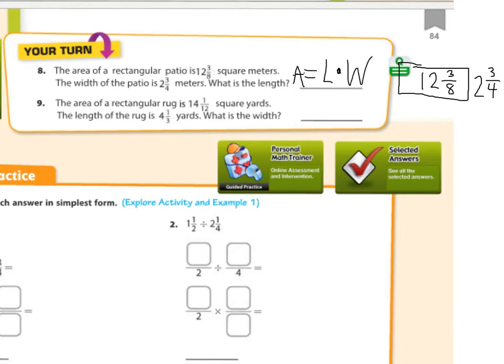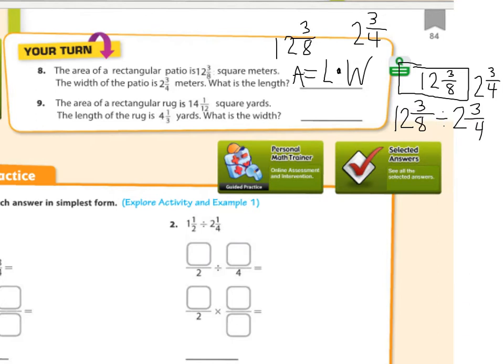And if you know the answer to a multiplication problem, in this case 12 3/8, and you know one of the numbers, 2 3/4, how do you find the missing number in a multiplication problem when you know the answer? You divide. You're going to divide the answer, which in this case is the area, by the factor that we know, which is the width. So it's 12 3/8 divided by 2 3/4.